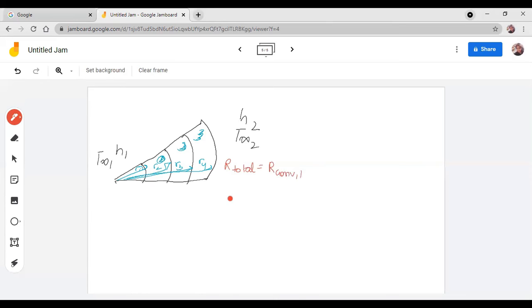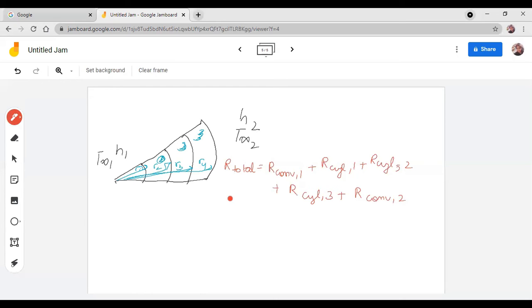This is the sum of the resistance because of convection, conduction at surface 1, conduction at surface 2, conduction at surface 3, and finally the thermal resistance due to convection at the outermost surface.